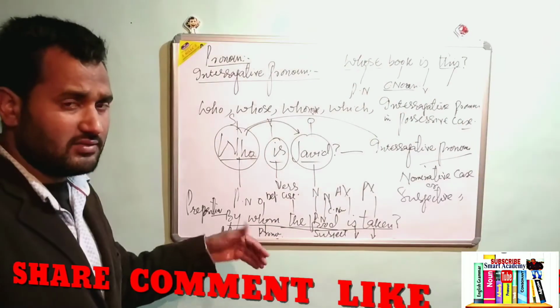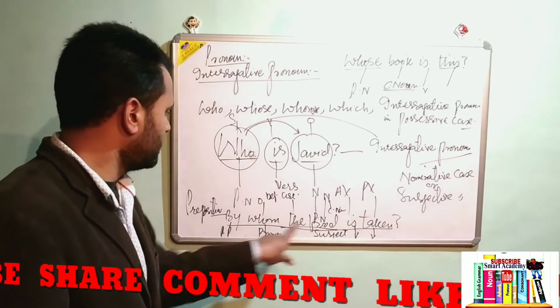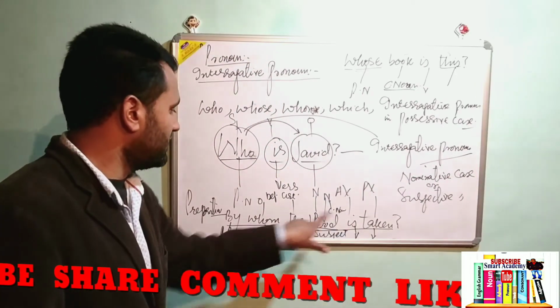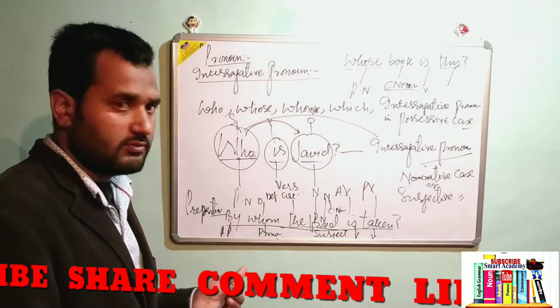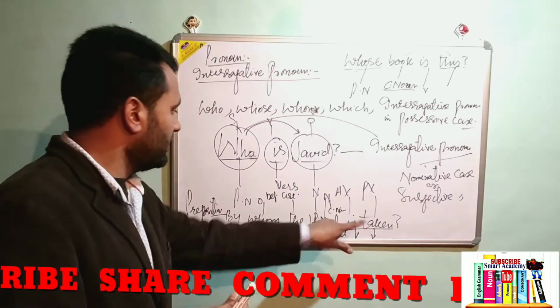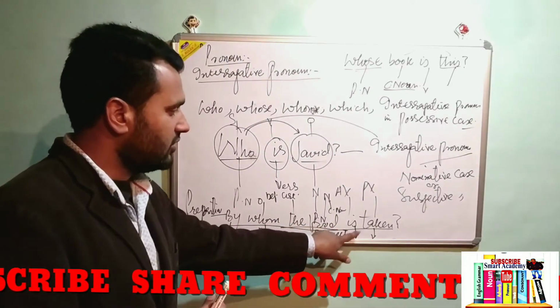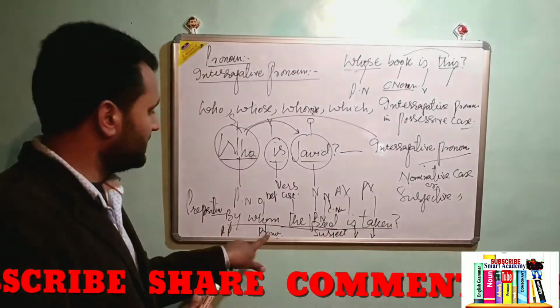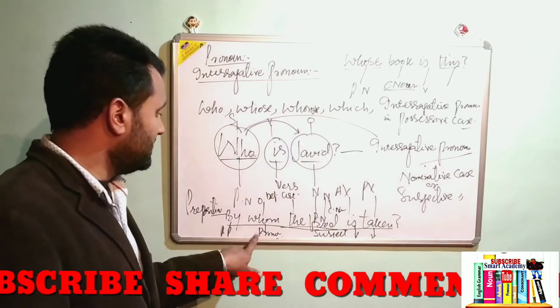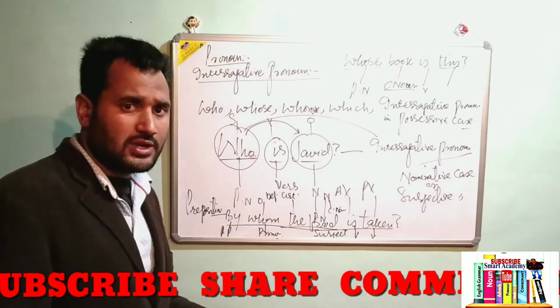We can say it in this manner also: the food is taken by whom? For clarification, I am writing this very sentence in this manner. The food is taken by whom? So the food comes first, so it will be the subject, this will be the verb, this will be the verb, this is the preposition, and this will be the object.